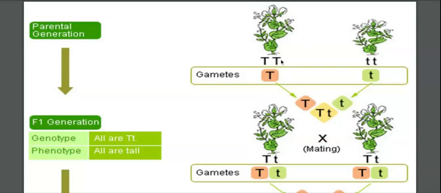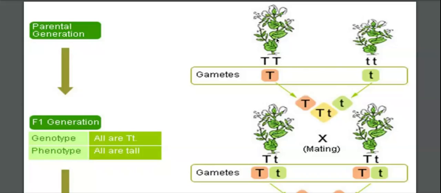Then the genotype, which gives rise to the phenotype. So the genotype of this is homozygous dominant because it's capital T, and this is homozygous recessive because it's small t. Okay, so he got the F1, which was capital T small t. Now, how did he get F1 plants which had the genotype of capital T small t?